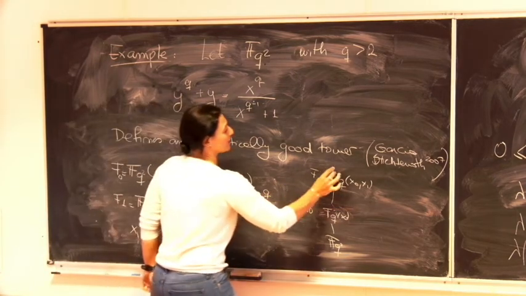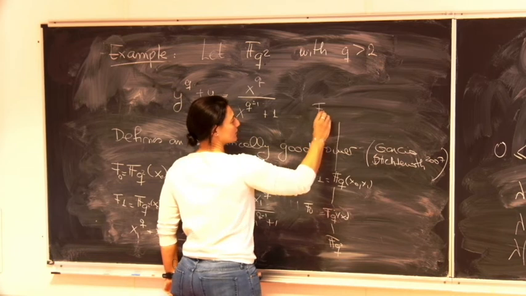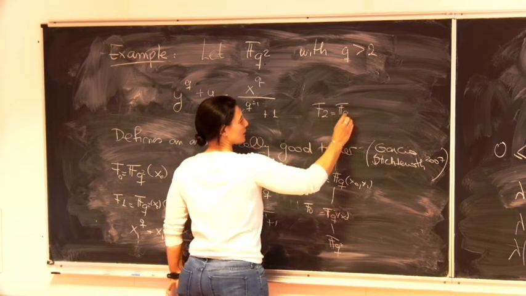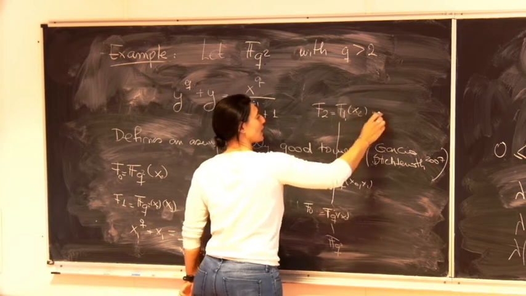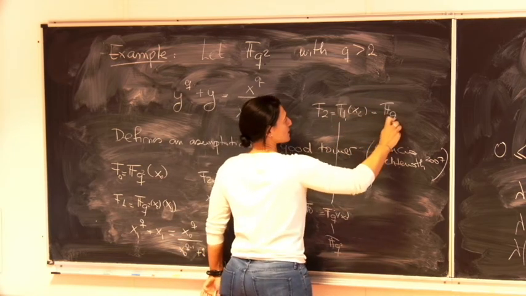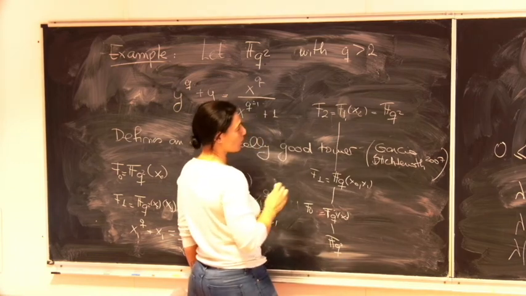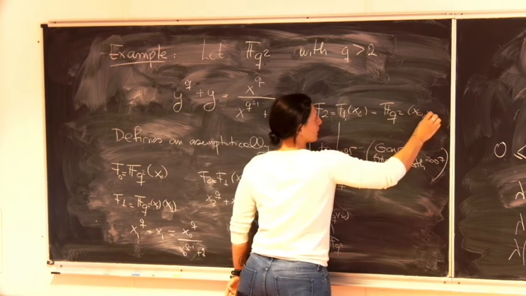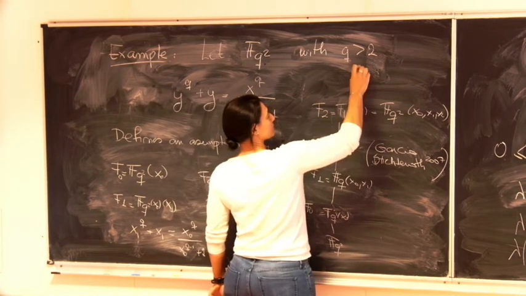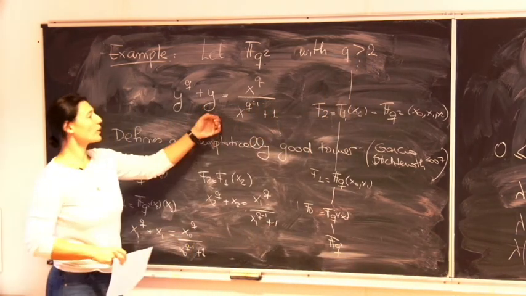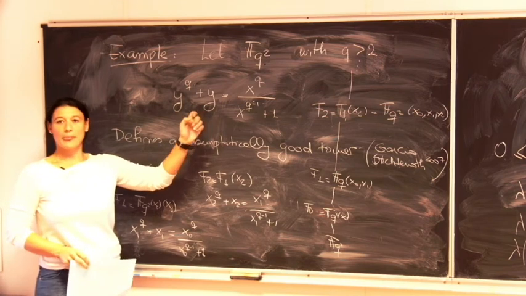And so I build another step in the tower, which at the end is F_{q^2}(x0, x1, x2). And I continue like this, always using the same equation.